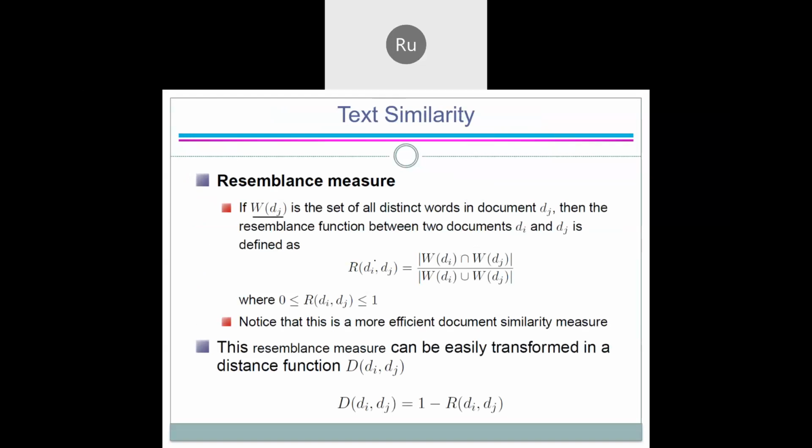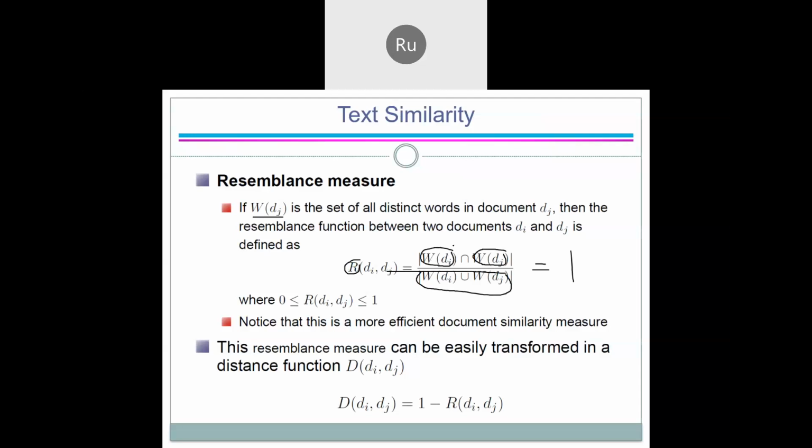For the resemblance between two documents, we look at how many of them are common and divide by the number of unique terms that we have in both documents. If they are the same, this will be 1.